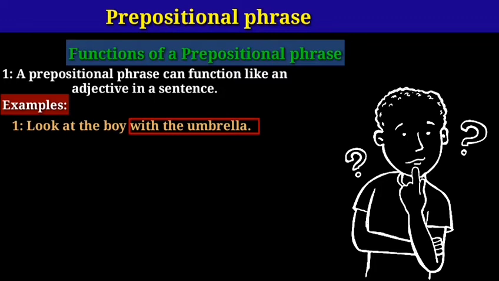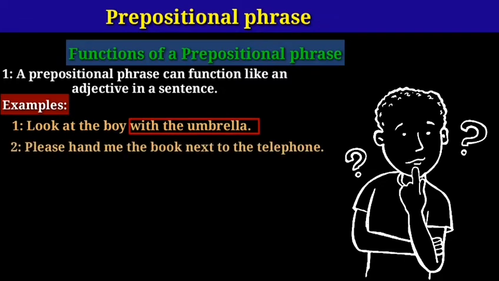So it is a prepositional phrase, but if you analyze its function, it modifies the noun, the boy. Here it functions just like an adjective because I am not talking about any boy, but especially the boy with the umbrella. So here with the umbrella is a prepositional phrase.